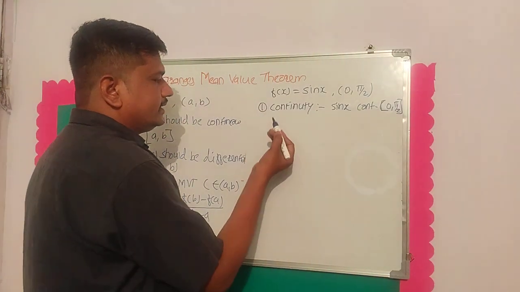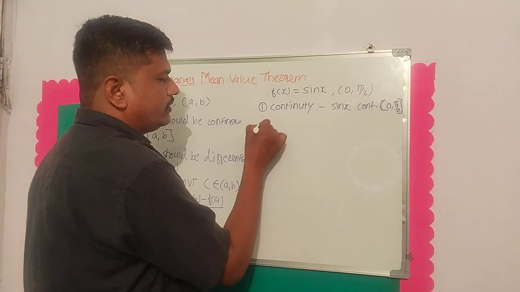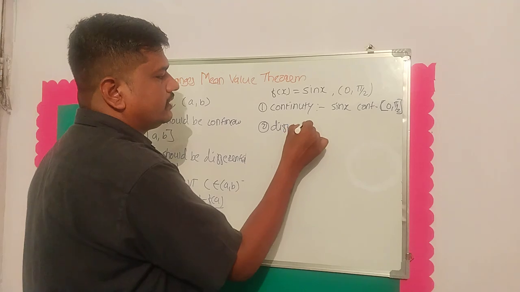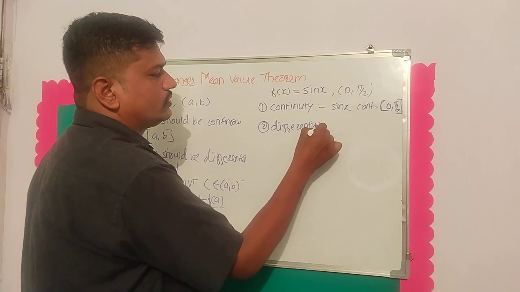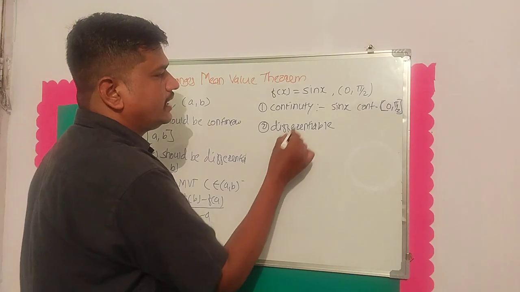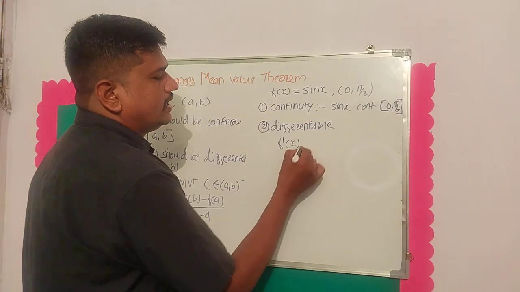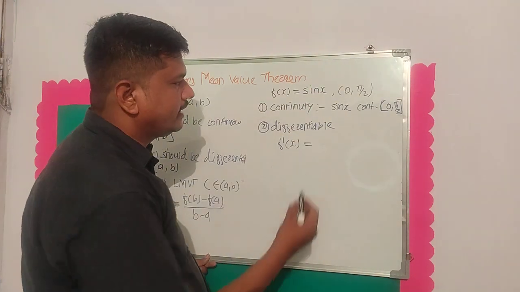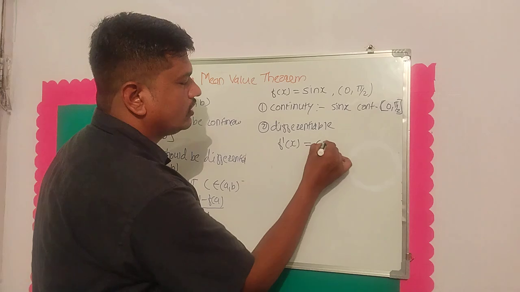Along with this, in the next step, you have to verify whether the given function is differentiable. So here you can check that f dash of x, that means the derivative of f of x, is equal to the derivative of sin x. As you all know, the derivative of sin x is cos of x.